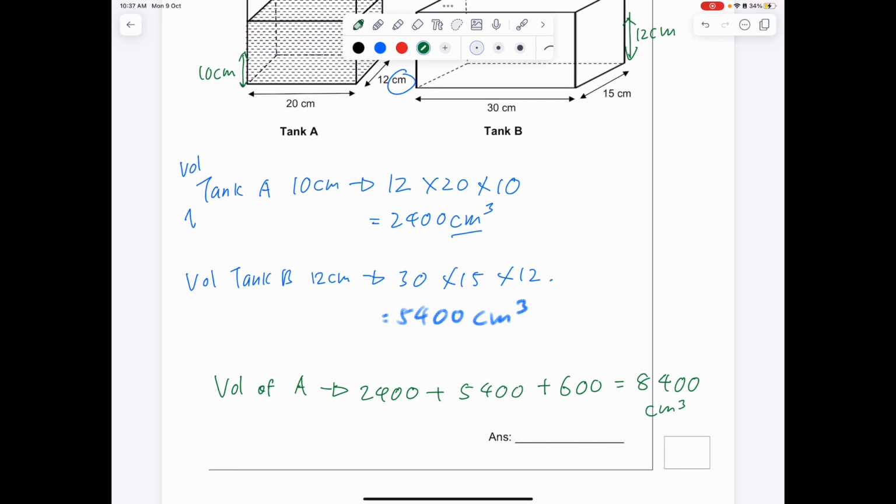But wait, they wanted this to be in liters. So 8400 cm cube is actually 8.4 liters. How did I do this? I divide by 1000. So I shift 1, 2, 3. Okay, so that's how I get my answer, 8.4 liters.